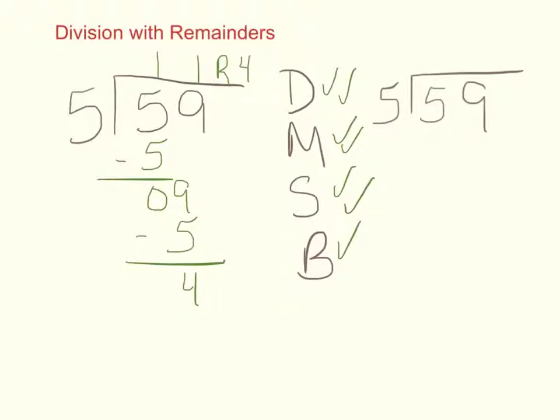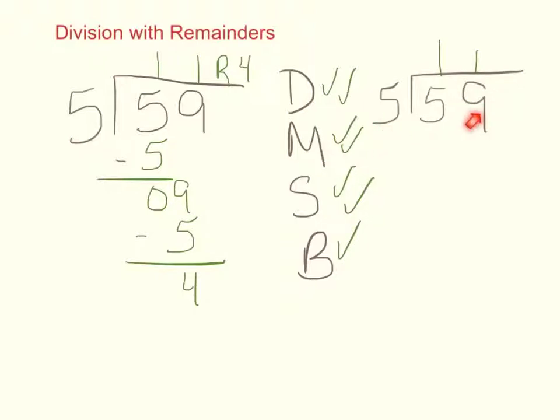So let's do short division. To start with, we do the same thing, 5 divided by 5, because we know that anything divided by itself is 1. 5 times 1 is 5. We needed 5, we got 5. Nothing to carry over, so let's just slide on over to the 9. 9 divided by 5, we can only get one group out of it. 1 times 5 is 5, but we needed 9.